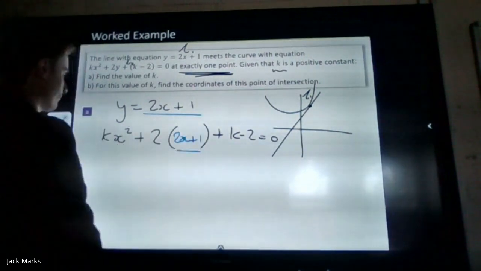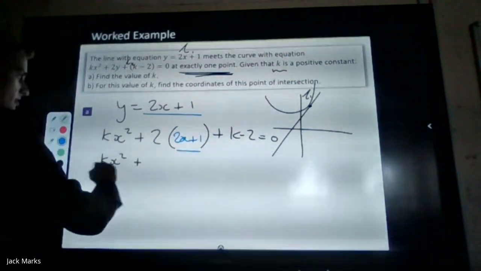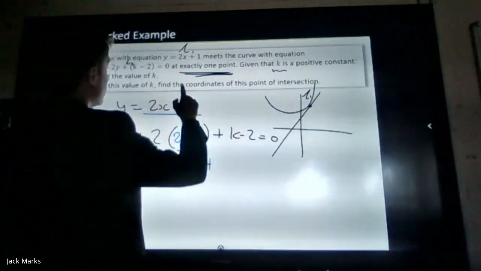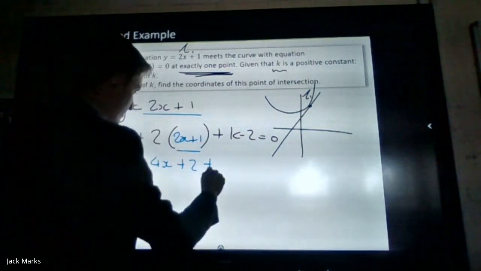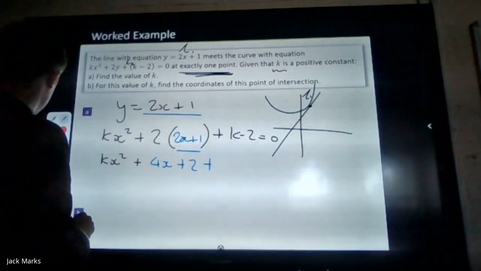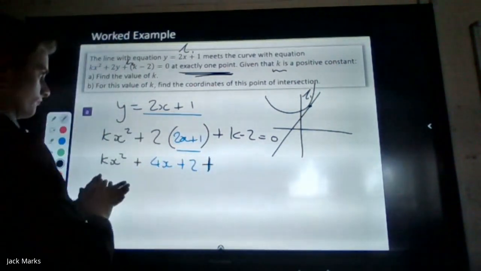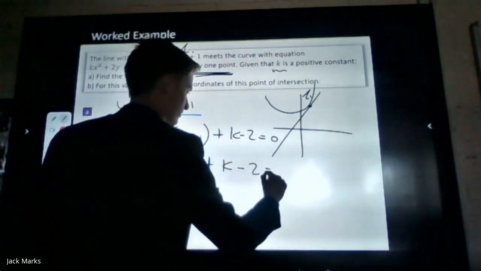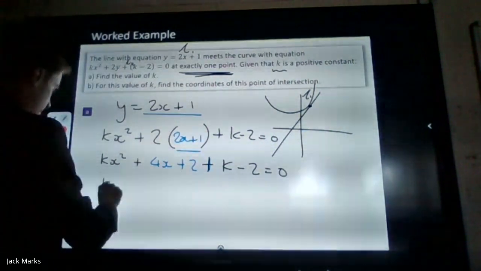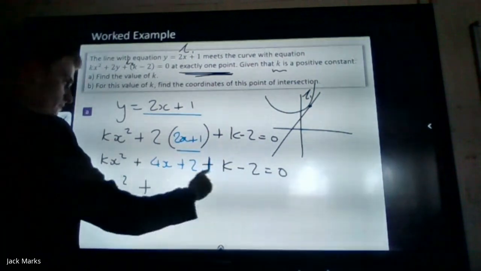So kx squared plus 4x plus 2 plus k minus 2 equals 0. We'll clean this one up a little bit, so collect like terms together. So kx squared plus 4x.